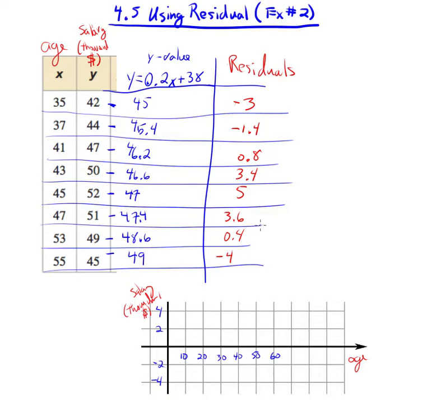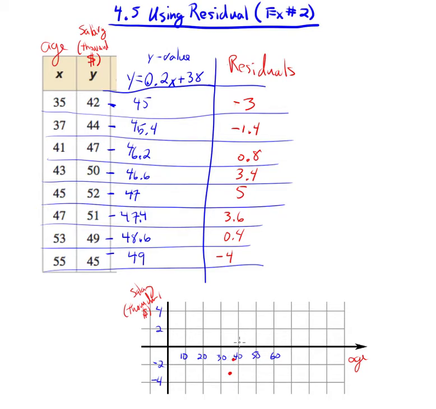Now I'm going to plot my x values. So 35, and my residual is -3. That would be this point right here, so we put a point there. 37 would be a -1.4, so 1 would be halfway, and then halfway again, right about there.